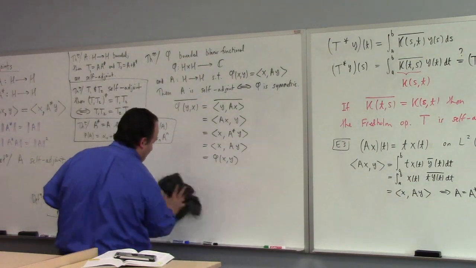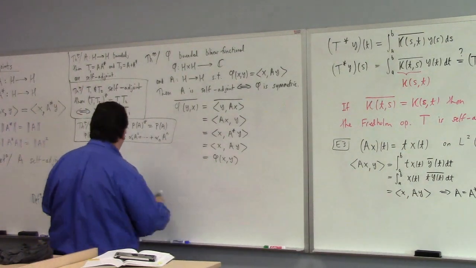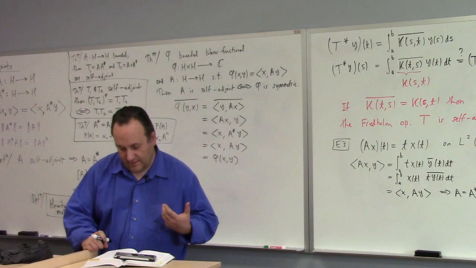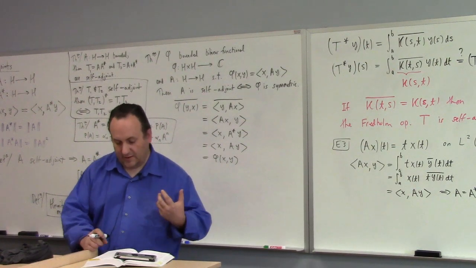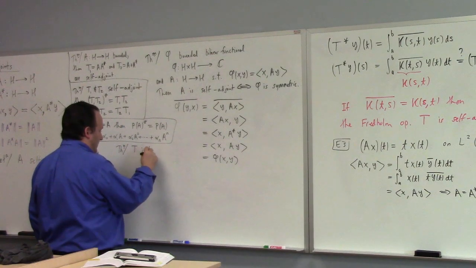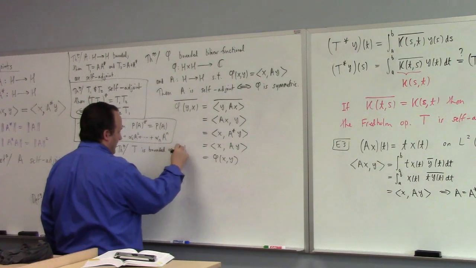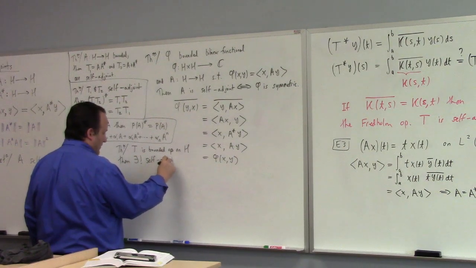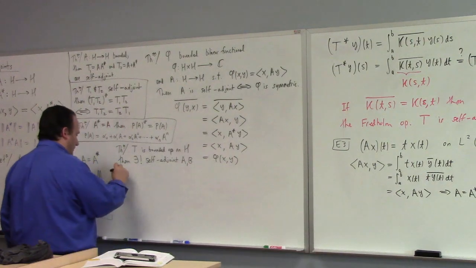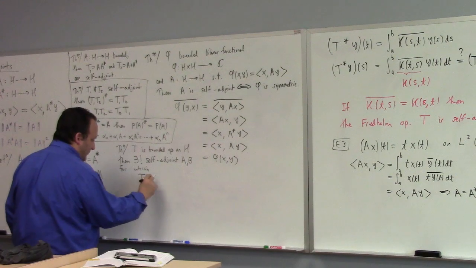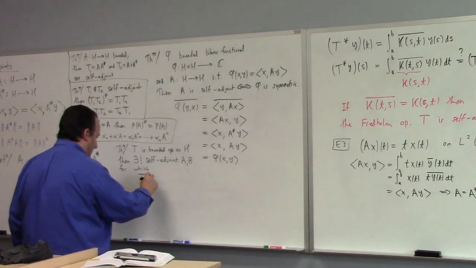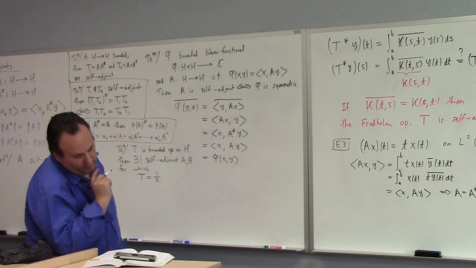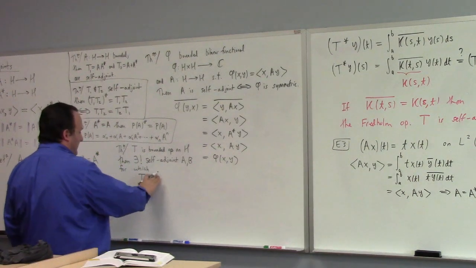All right, next theorem. For every bounded operator T on a Hilbert space, there exist unique self-adjoint operators A and B. So if T is a bounded operator on H, then there exist unique self-adjoint operators A and B for which T is equal to, oh my bad, my eyes keep jumping to the wrong line.